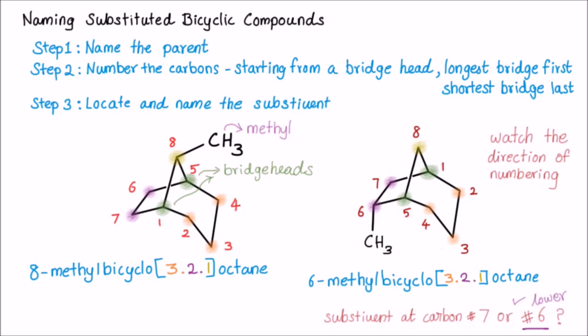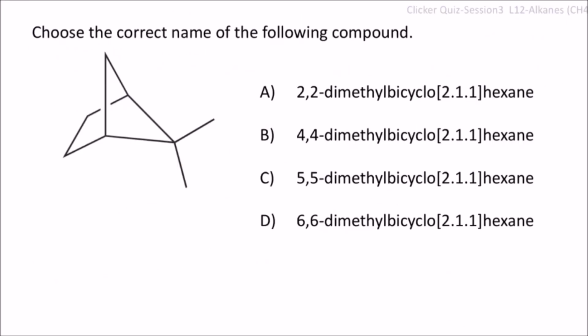Good. Now let's do a clicker quiz on this. So have your clicker remote ready, and I'm going to start the quiz. Right. Choose the correct name of the following compound. You have a bicyclic compound with 2 substituents, and there are 4 choices.